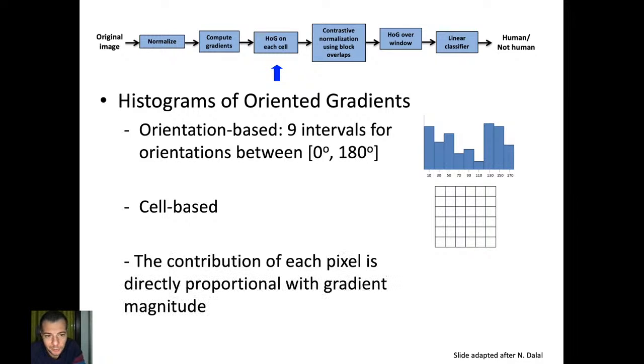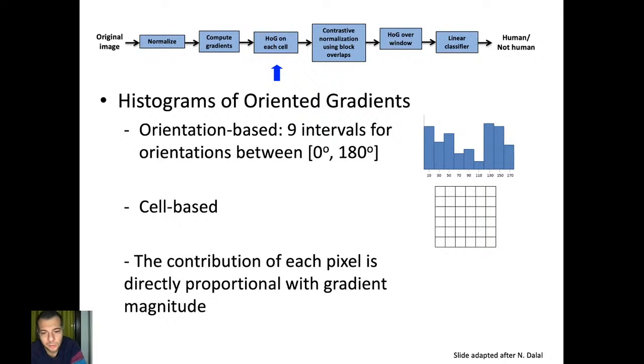So yeah, if you consider that here we have nine components in the orientation histogram, and the cells have 64 components. So the histogram is represented by measuring the orientations in all these cells.